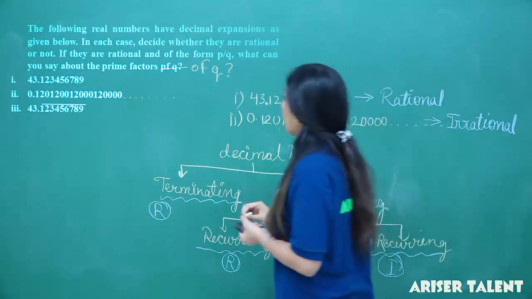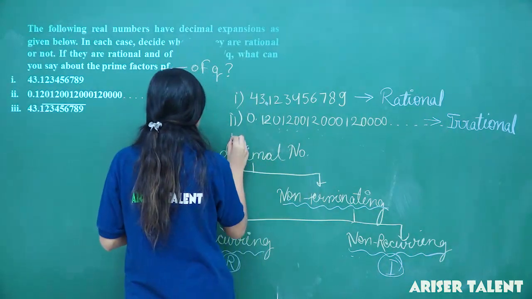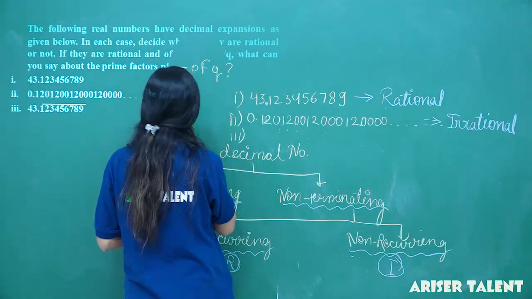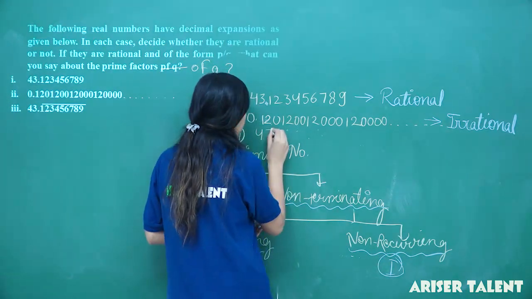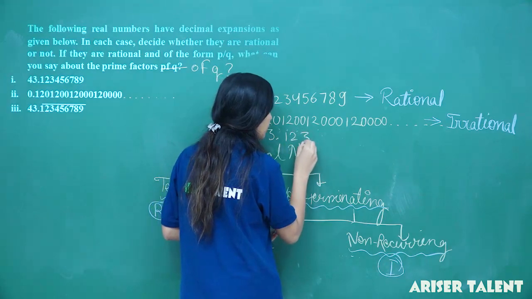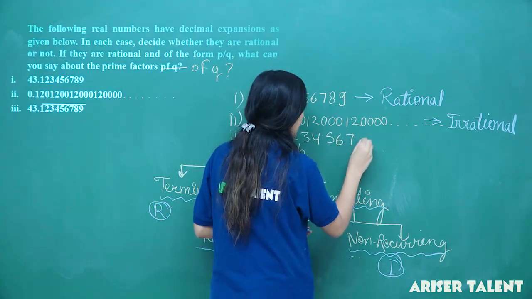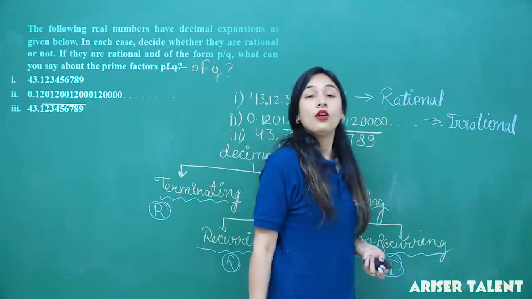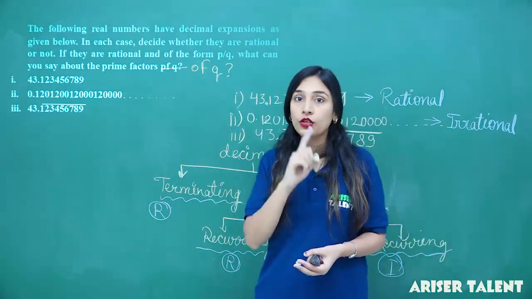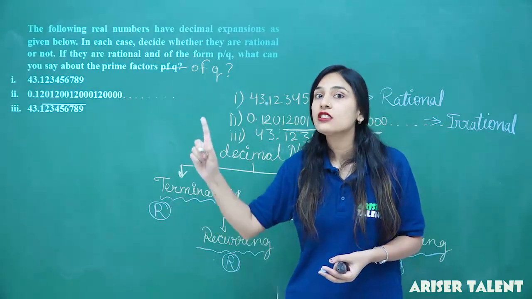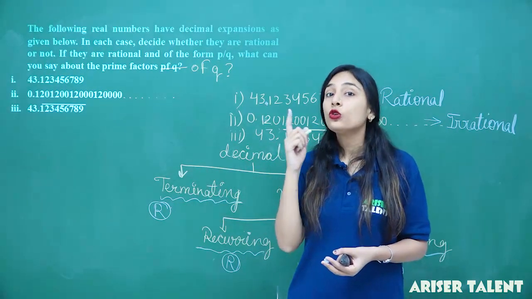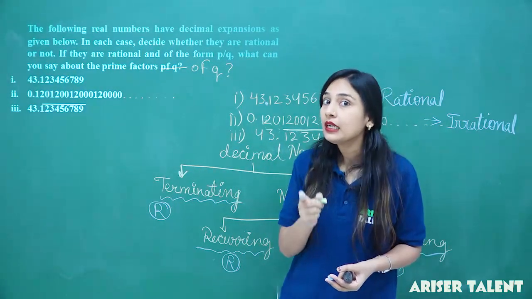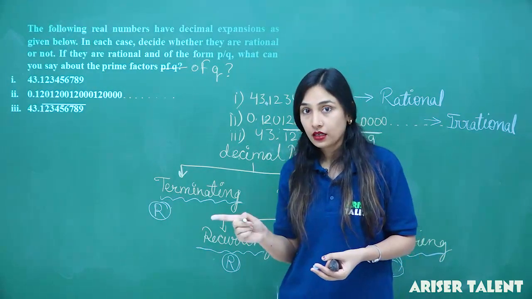Now the third one is 43.123456789 with a bar. The meaning of bar is that 1 2 3 4 5 6 7 8 9 is repeating again and again. So it's non-terminating but recurring.